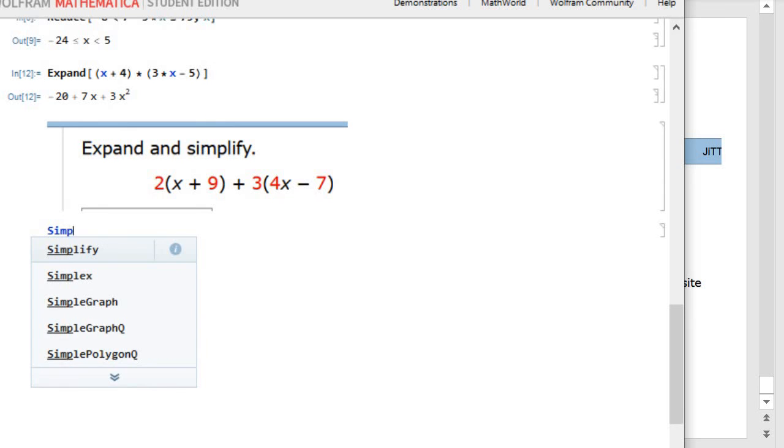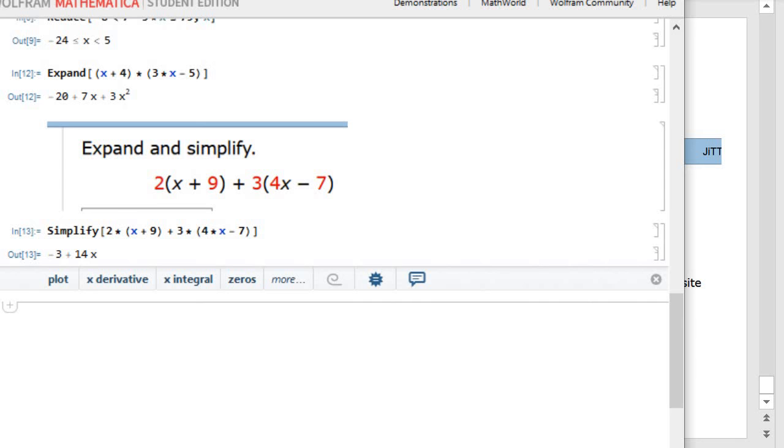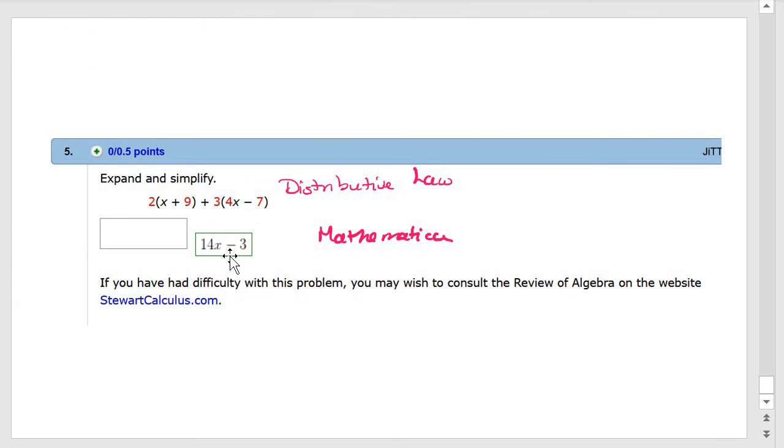Or maybe let's try Simplify and see if it works. 2 times x plus 9 plus 3 times 4 times x minus 7. Yeah, I did it. Minus 3 plus 14x. And let's just check the answer. -3 and plus 14x. So in one step, I have all the bookkeeping done for me.